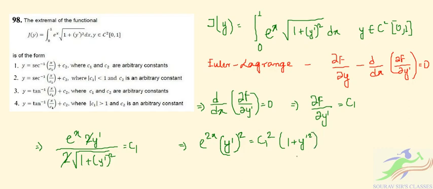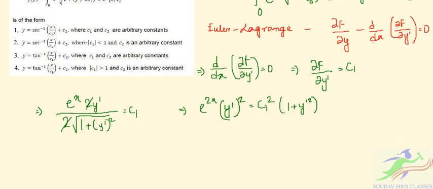Now if we do the further simplification, c1 square plus c1 square y prime square equals this. Writing the full equation, c1 square equals y prime square, taking y prime square common, times e to the power 2x minus c1 square, right?